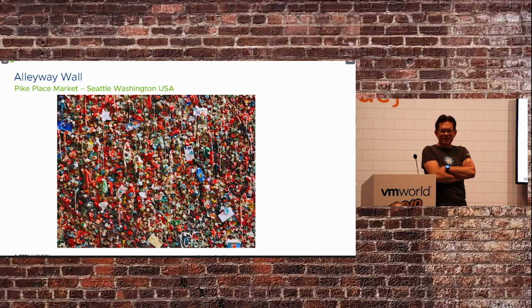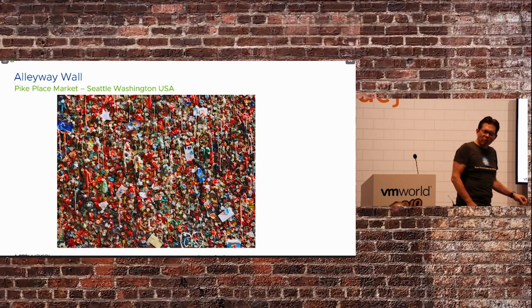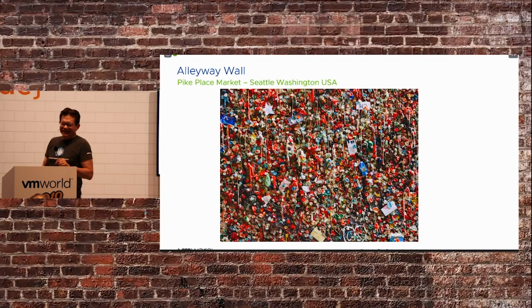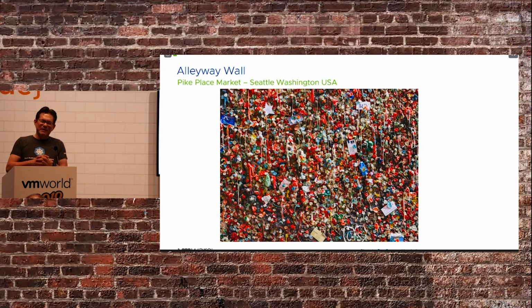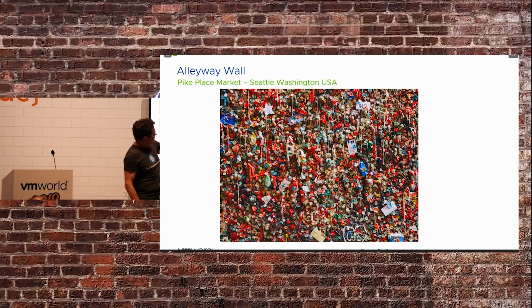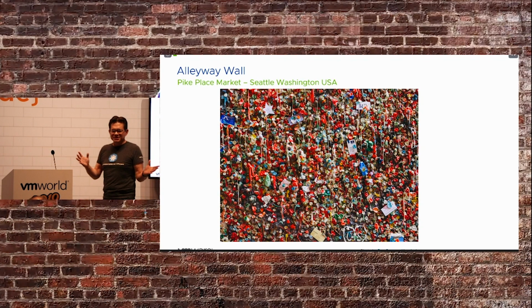Somehow in the tradition of this open air market, they have a back alley where people for years have been taking wads of chewing gum and putting it on a wall. And that wall now has built up to wads of gum that are about 6 feet thick. And if you look at this, you'll see a few people have stuck business cards, Post-it notes, things like that.